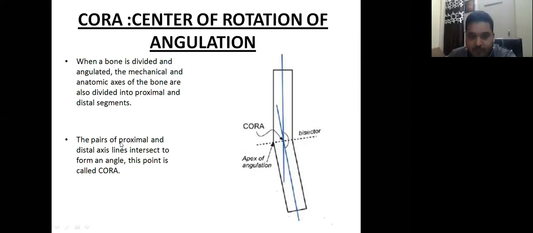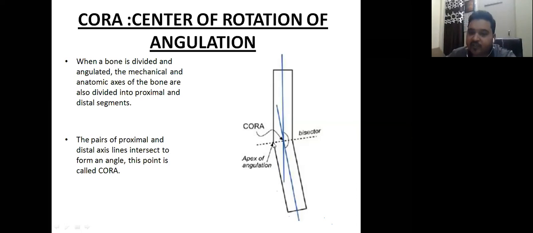The pairs of proximal and distal axes intersect to form an angle, and this point is called CORA. So when we join the mechanical axis or the anatomical axis of the proximal segment and the distal segment of that bone, the point of intersection is the CORA. And what is the apex of angulation?